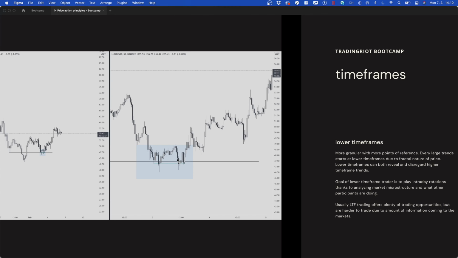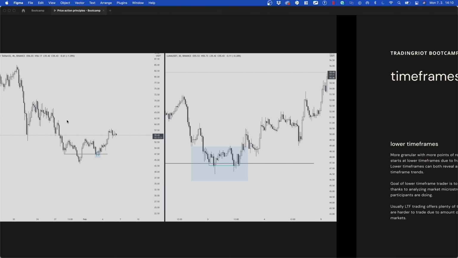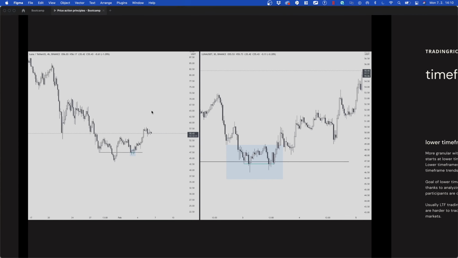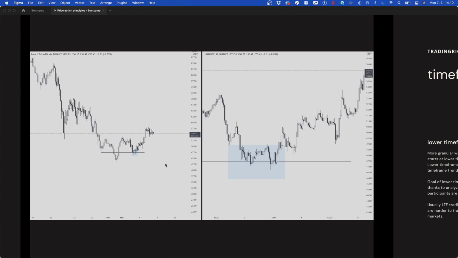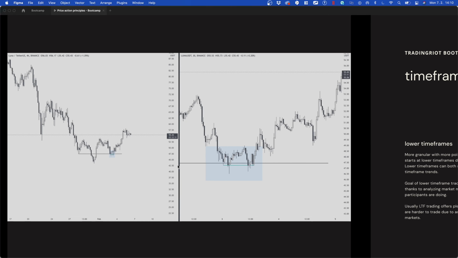Although these things usually happen at key technical levels, the move itself is not driven by the fact that the market hit any sort of support or resistance.